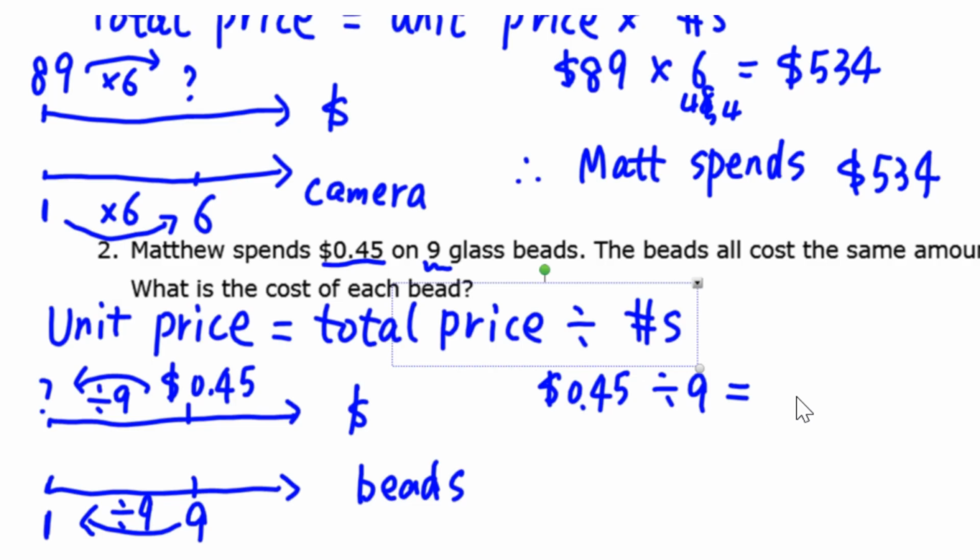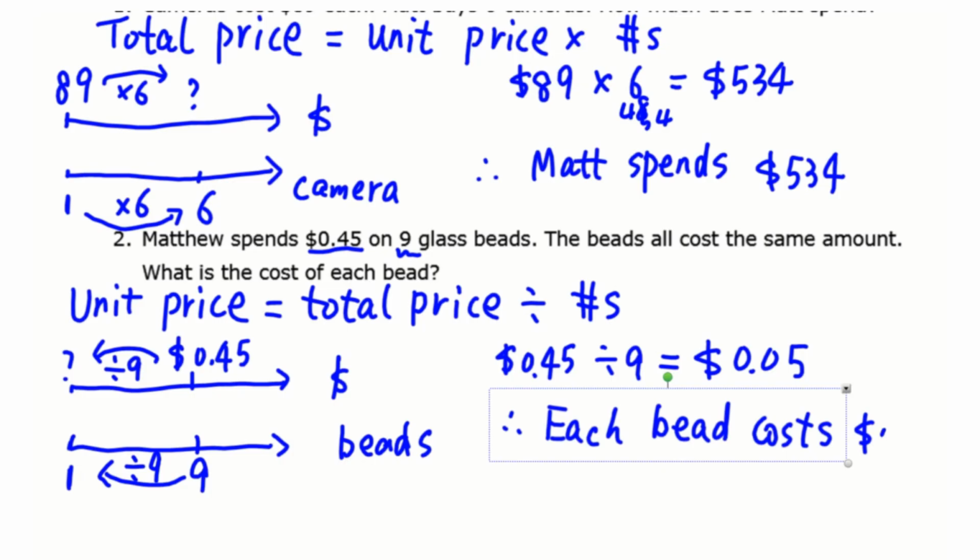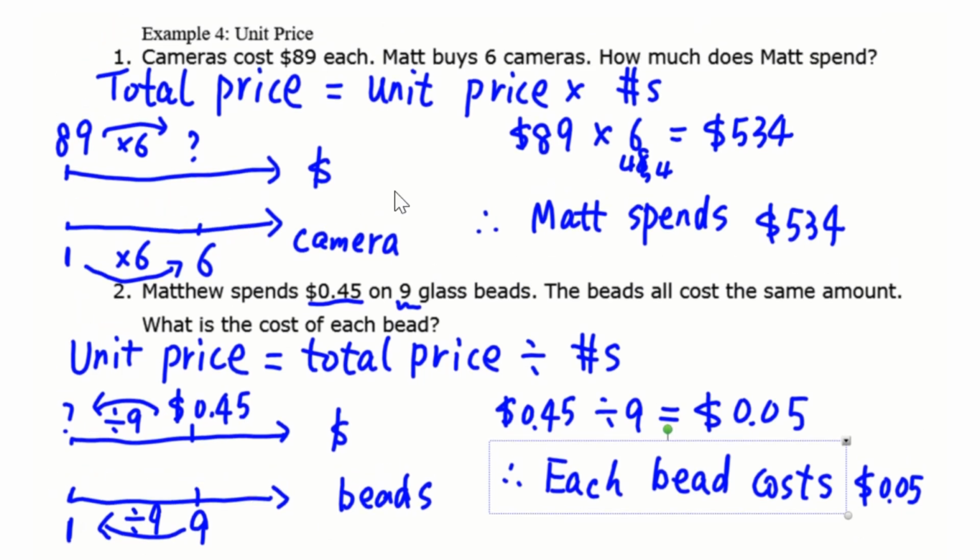Then you use your calculator, you will find out it's 0.05. So we write a statement, therefore each bead costs $0.05, so 5 cents.